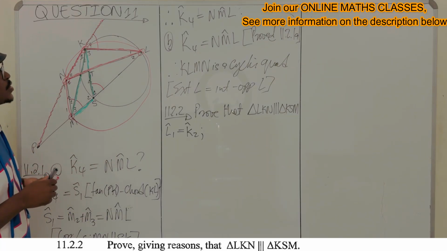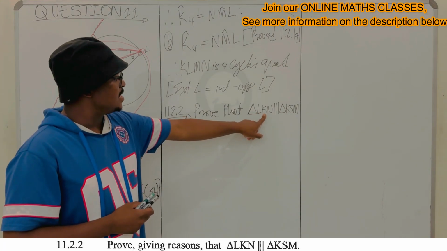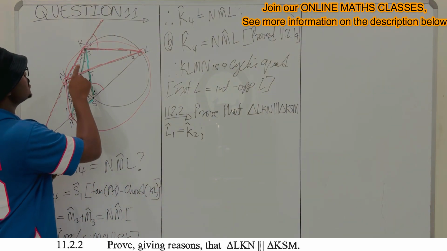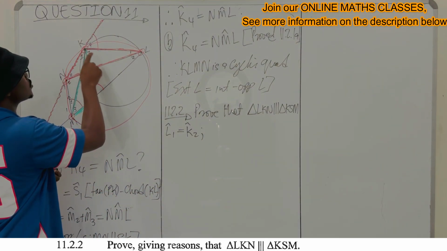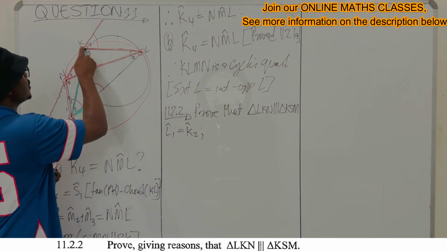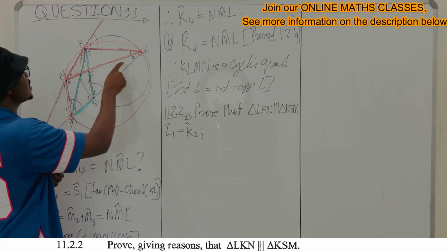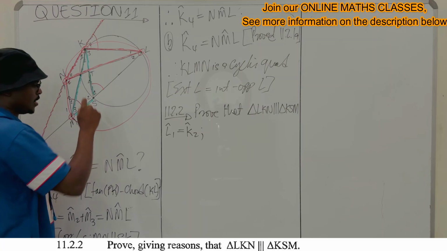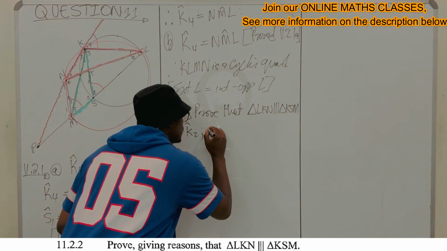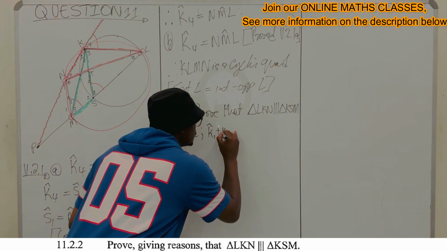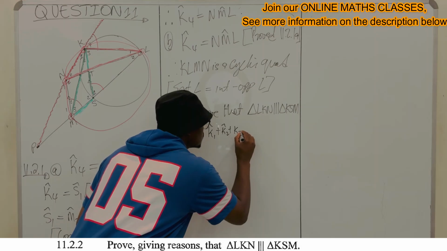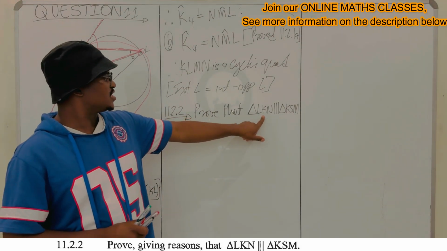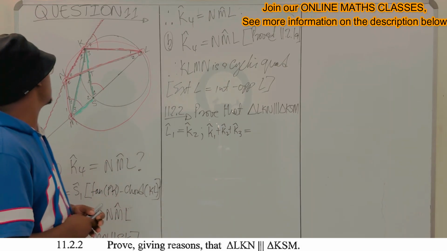Or the other angles that you can look at, angle K of the first triangle. Where is K of the first triangle? K of the first triangle is all of this, because it's LKN, so it's this triangle, right? So if you're looking at this triangle, angle K is all of this angle here, which is K1 plus K2 plus K3. So you can also show that K1 plus K2 plus K3, which is angle K of the first triangle, is equal to angle S of the second triangle.